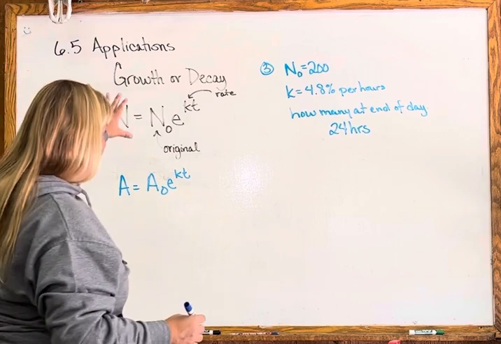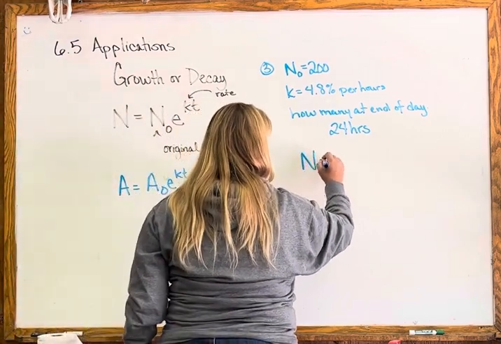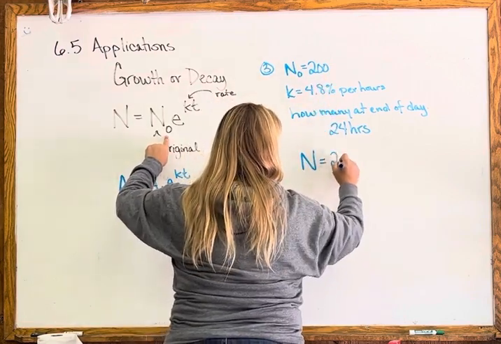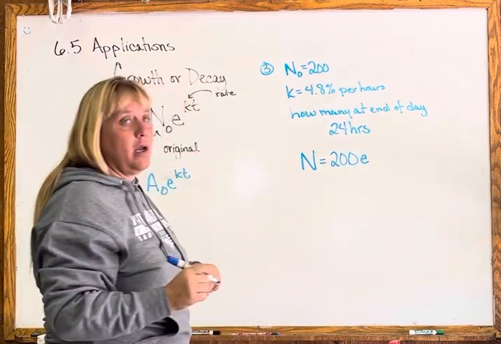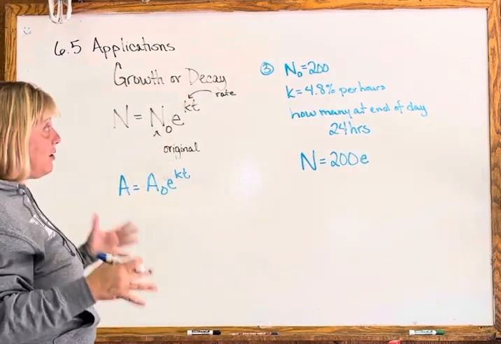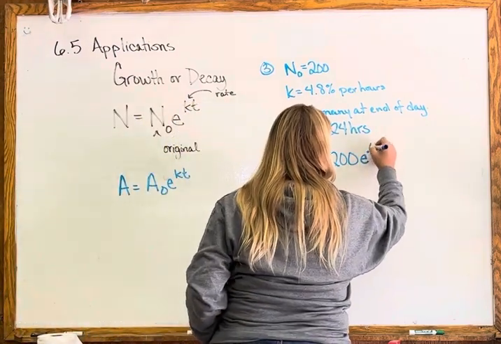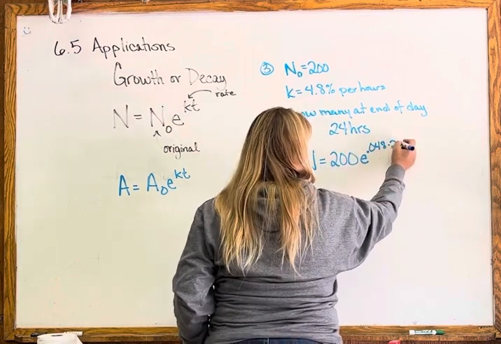Okay, so again, whichever one you like better, but we're going to say the number at the end of our experiment is going to be the original times e, and then we go to the K, the rate, but remember 0.048, and we're going to look for 24 hours.